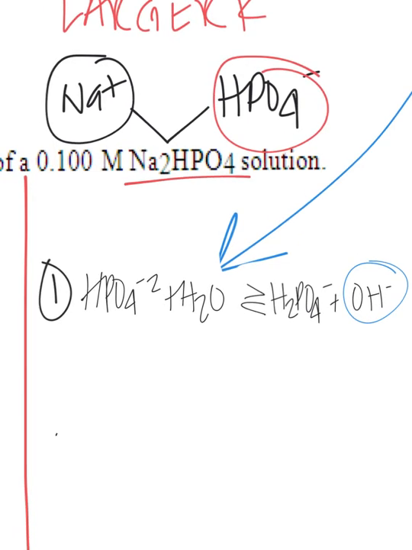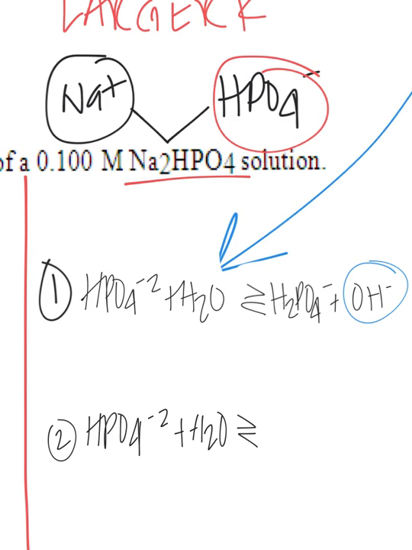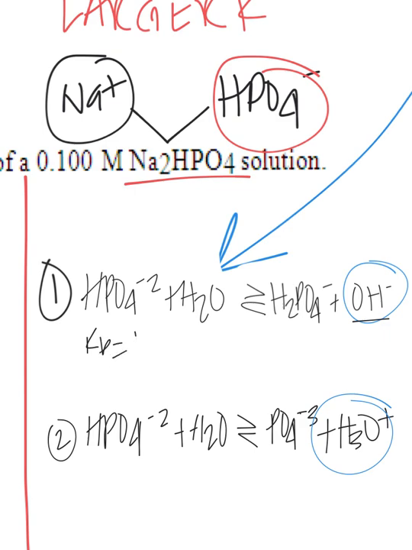Okay, now I want to write it acting as an acid. Okay, so it's going to donate that proton, making this solution acidic. Okay, so now let's look at the Kas. So this is a basic solution, so this is technically the Kb. I can find that by dividing Kw by Ka.